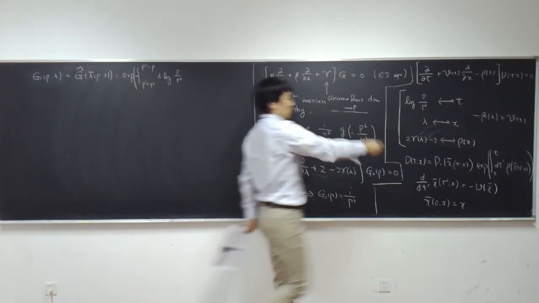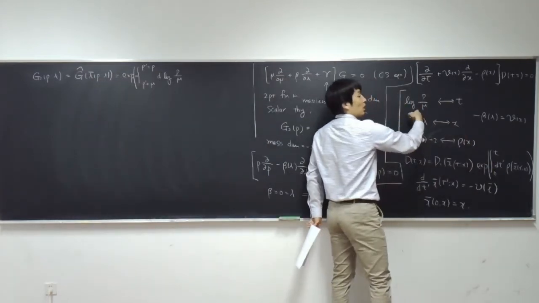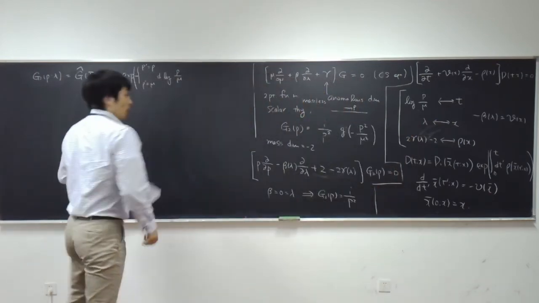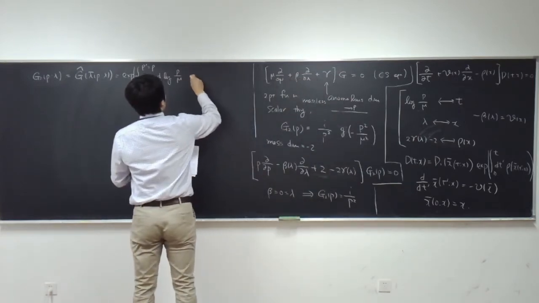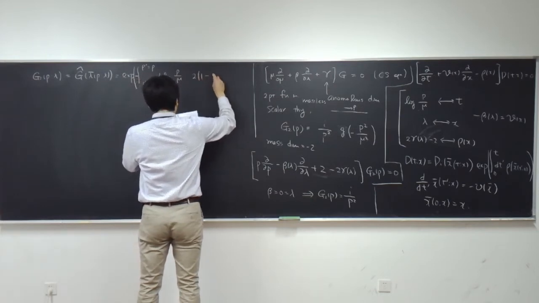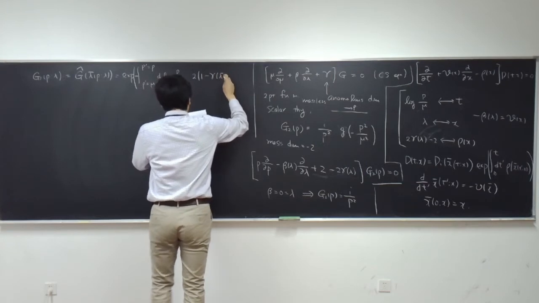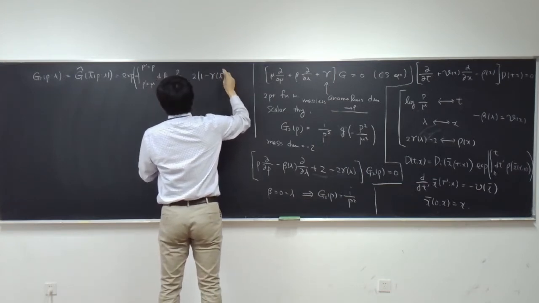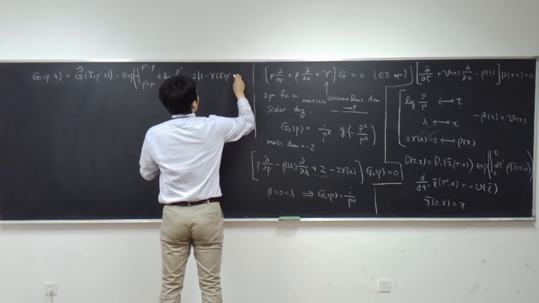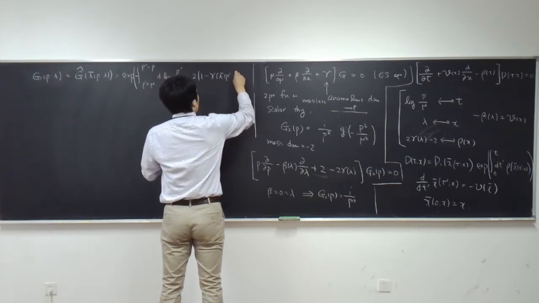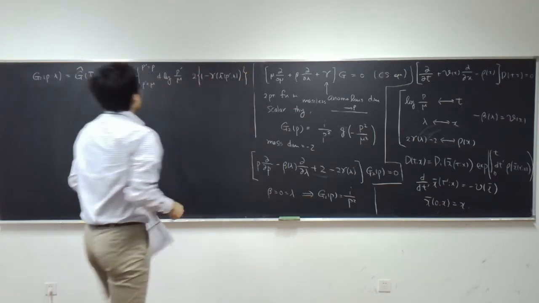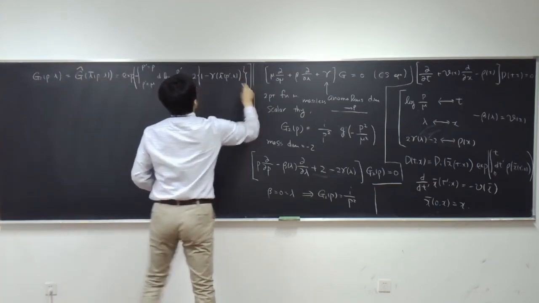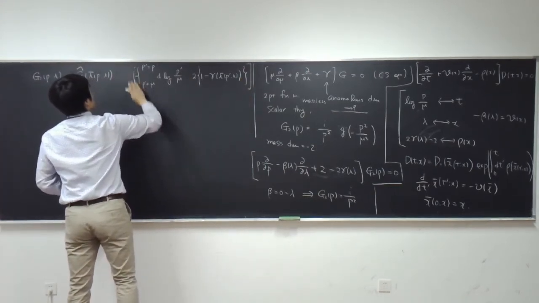Since this t integral can be replaced by log p over mu, and rho is replaced by this value, times the measure and 2 times 1 minus gamma bar of p prime, d p prime, and lambda bar. This is a solution one can have by using this analogy.